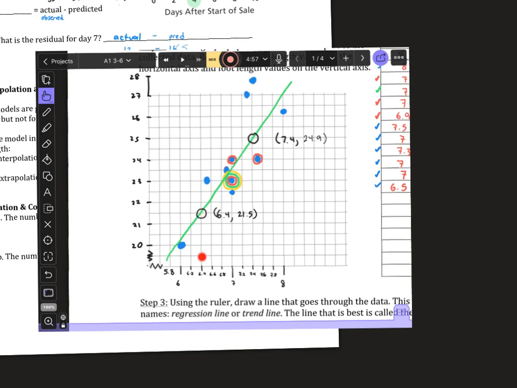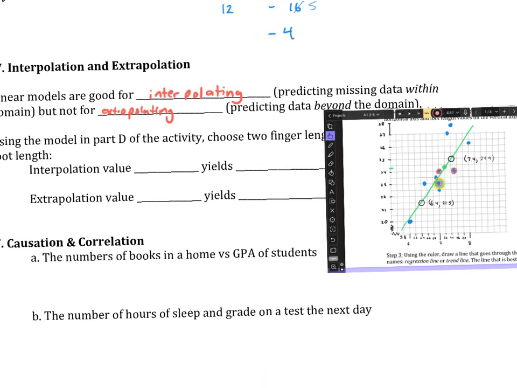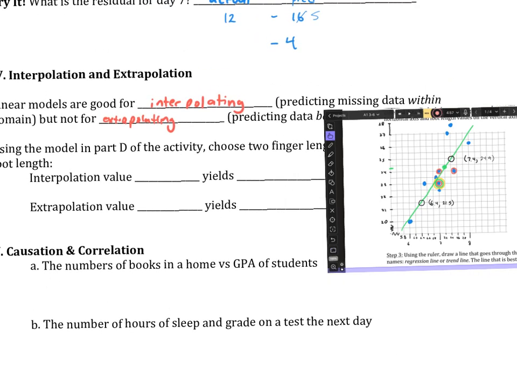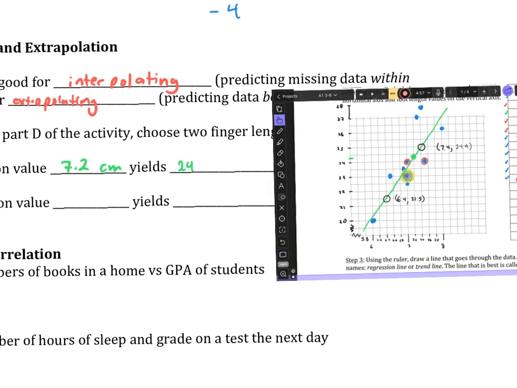So I'm predicting interpolation among my data, or a 7.2, I'm predicting at a 24.5. So let's use that one right there. The 7.2, which is right here, which we're saying at a 24.25 there. So, interpolation. I'm saying that at a 7.2 centimeter long finger, it yields a foot size of 24.25 centimeters.